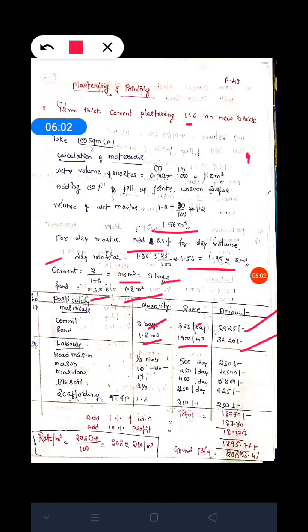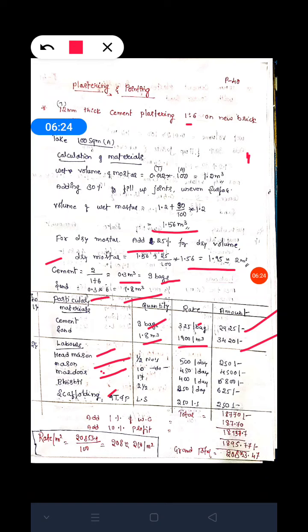Then we want the labor cost here. You should remember the labors from the labor task, or you should calculate the number of labors here. So the labors here are mason, mazdoor, bhisti, and tools and plants, that is scaffolding.